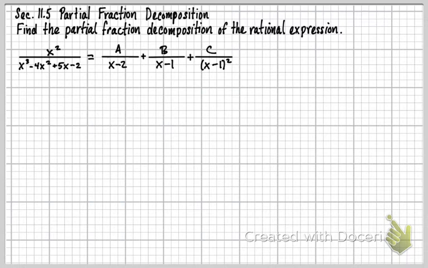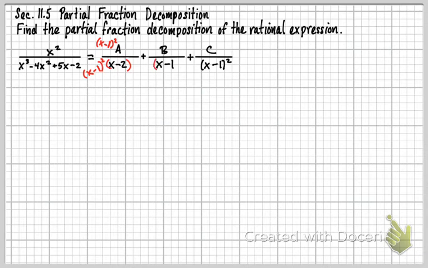So for us, that means I look at this first one here, and what do I have to multiply that by? Because remember, we're going to add all these together. This one right here is going to need an x minus 1 squared. So that means I have to multiply the top by x minus 1 squared.